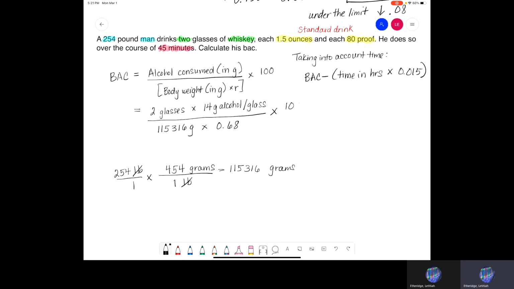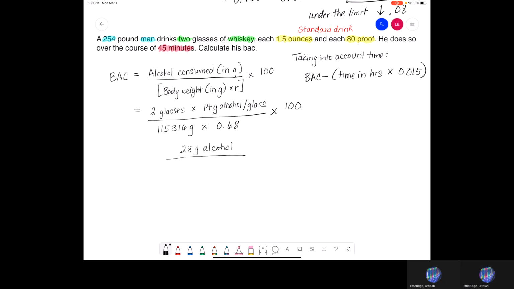Remember, this is all times 100. Let me get rid of this so you guys can see the rest of the problem. 2 times 14. So that means that we have 28. And this is grams of alcohol consumed. And then we have 115,316 times 0.68.